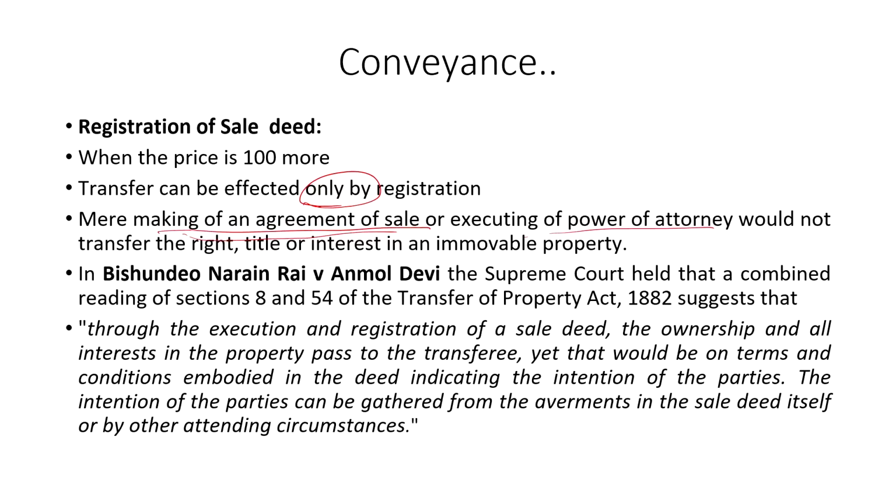So, in Bishundev Narayan Rai versus Anmol Devi, the Supreme Court held that a combined reading of section 8 and 54 of Transfer of Property Act suggests that through the execution and registration of sale deed, because section 8 says about the condition of this execution of sale deed, the ownership and all interest in the property pass to the transferee, yet that would be on terms and conditions embodied in the deed, indicating the intention of the parties.